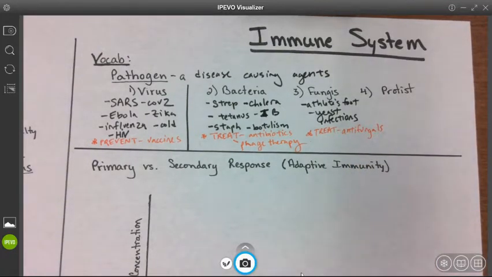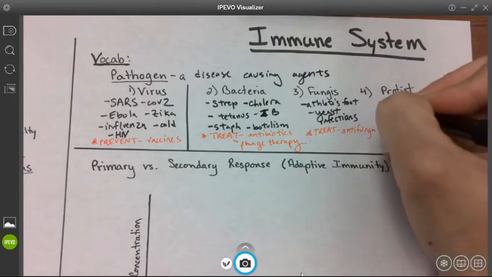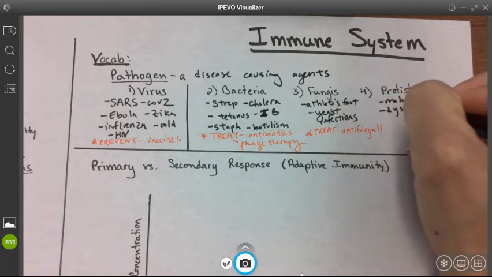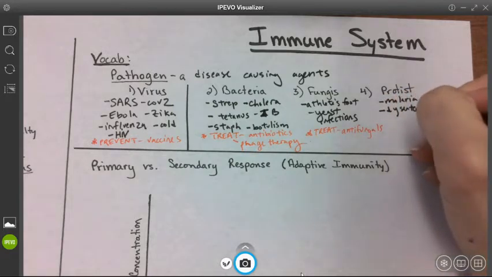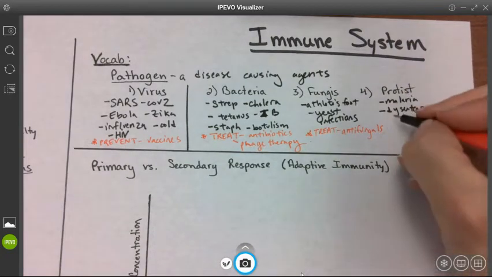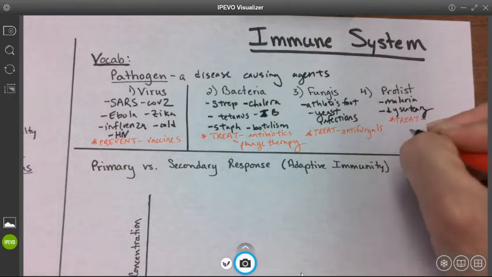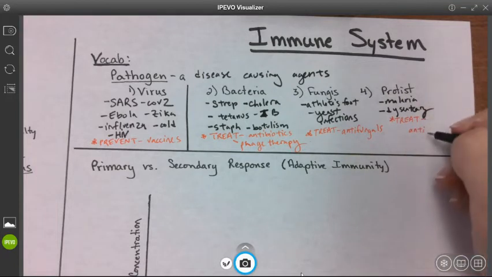Protists can cause infection as well. Malaria, dysentery, sleeping sickness are all caused by protozoal infections. And again, you can treat them with antiprotozoals.